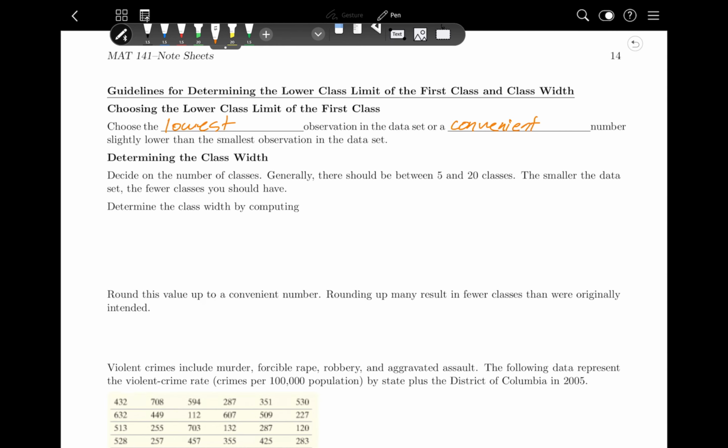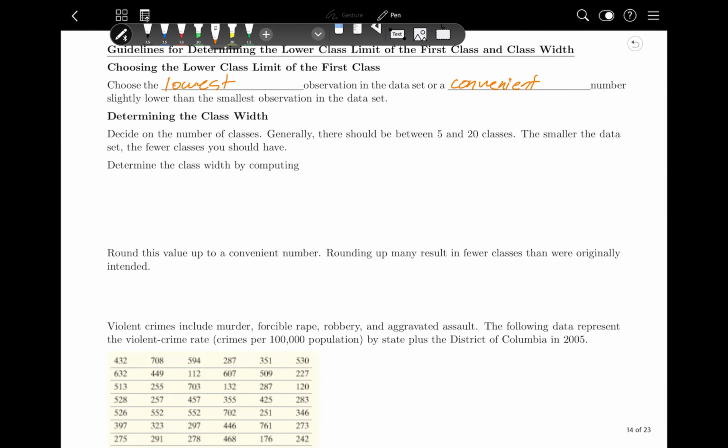And then to determine the class width, you decide on the number of classes. Generally, there should be between 5 and 20 classes. The smaller the data set, the fewer classes you should have. So to determine the class width, you take the largest data value minus the smallest data value, and then divide by the number of classes.